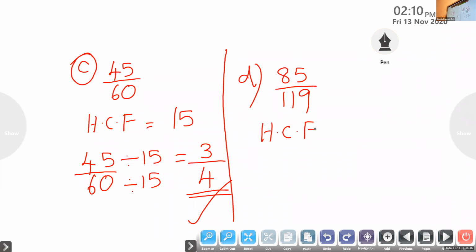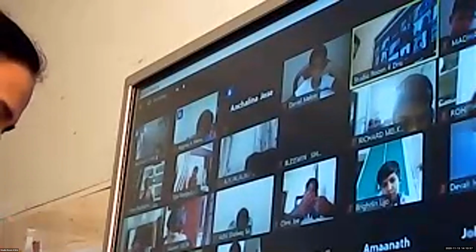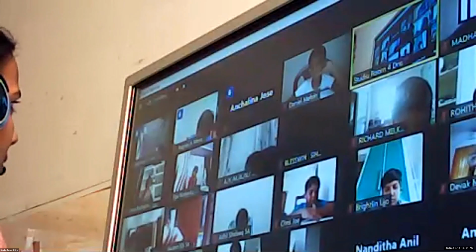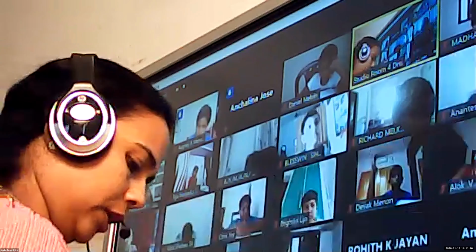Here you have to think carefully. Don't say the answer, because it is not divisible by 2 and not divisible by 3. So you have to check with more numbers, the prime numbers also. Which number can you divide by?